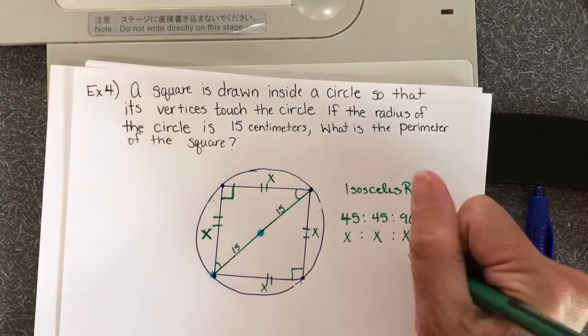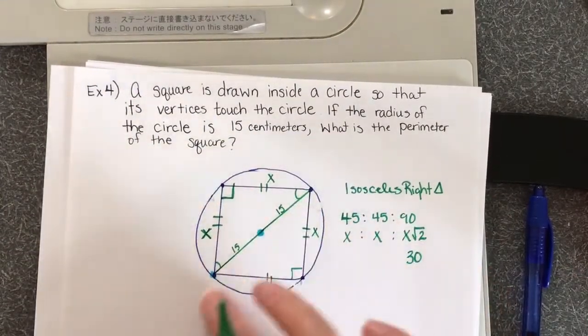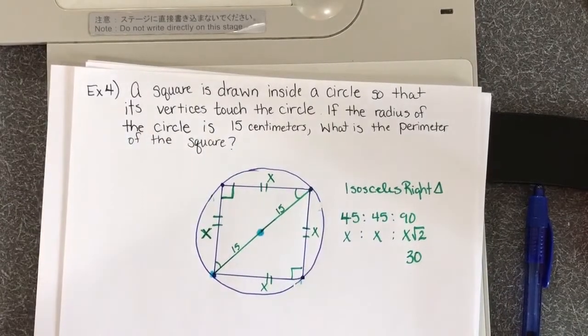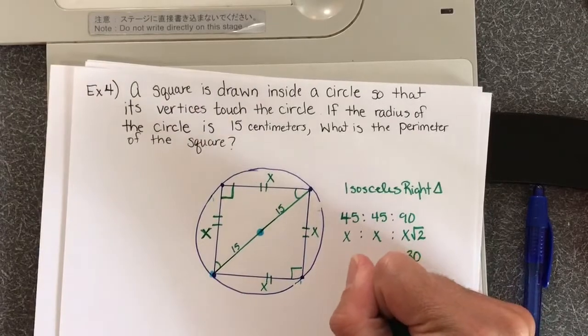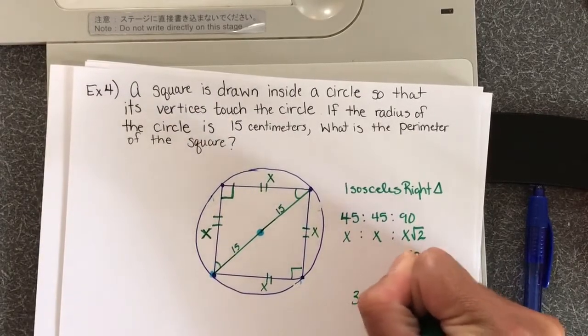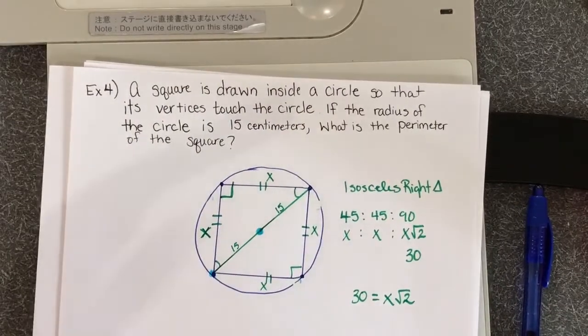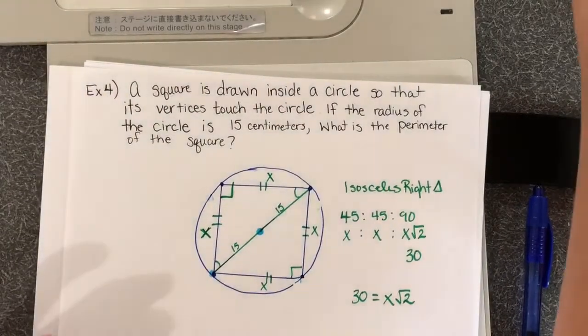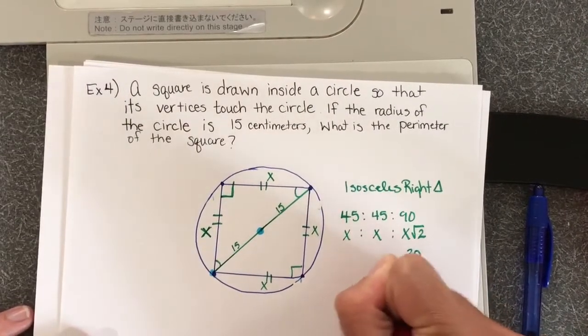So we know the length of the hypotenuse is 30 because 2 of the radius put together gives me the diameter of the circle, which is also the diagonal of the square. So 30 is equal to x times the square root of 2. So I need to get x by itself. So I'm going to divide both sides by the square root of 2.